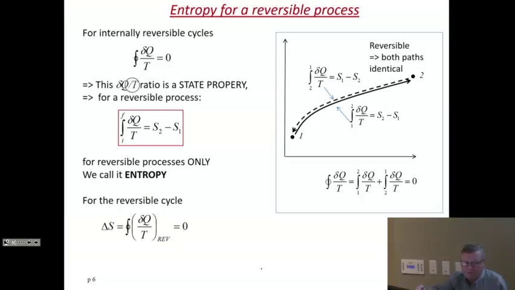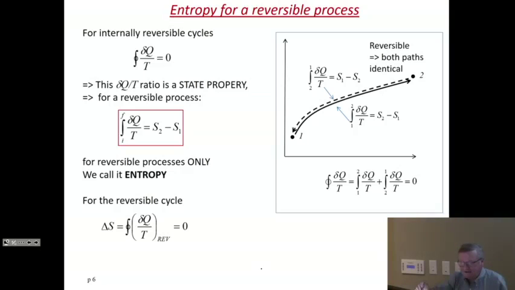Because I know, and I will show you later, that this ratio is a state property. So if the cycle is reversible, that value of the state property is S2 minus S1. If I come back from 2 to 1, this quantity then is S1 minus S2. In other words, if I do the cycle 1 to 2 and 2 to 1, I have an integral that's 0.